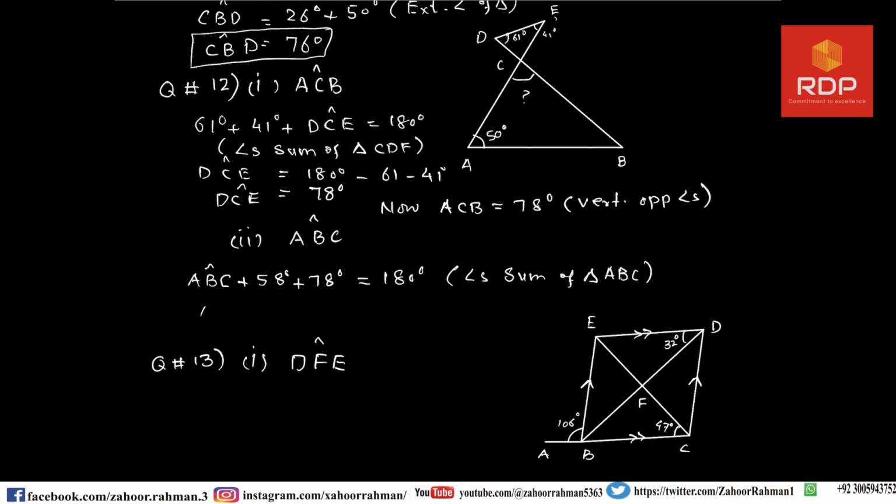Now ABC is equal to 180 degrees minus 78 degrees minus 50 degrees, and when we calculate it will be 52 degrees. So that's it for question number 12.